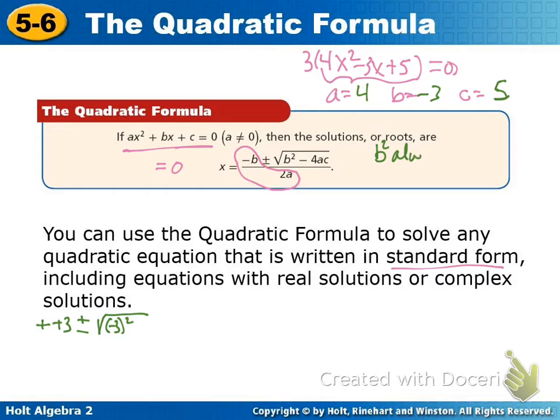Anybody tell me why? Because negative times negative is a positive. So even if you have a negative B, it'll still be positive. Remember that. I see that mistake over and over again.